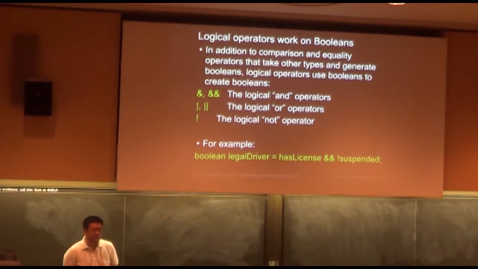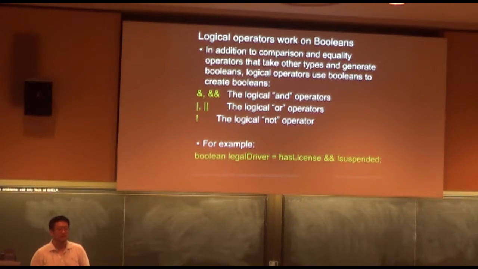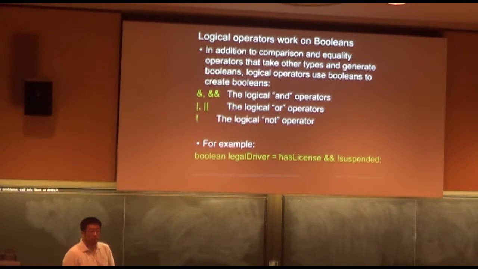Okay, so another thing that we need to know about Booleans is that Boolean operators can be evaluated with other Boolean operators. So for example, if I needed to test if somebody was qualified to have a driver's license, then the way that person fulfills those qualifications is a series of sub-qualifications.